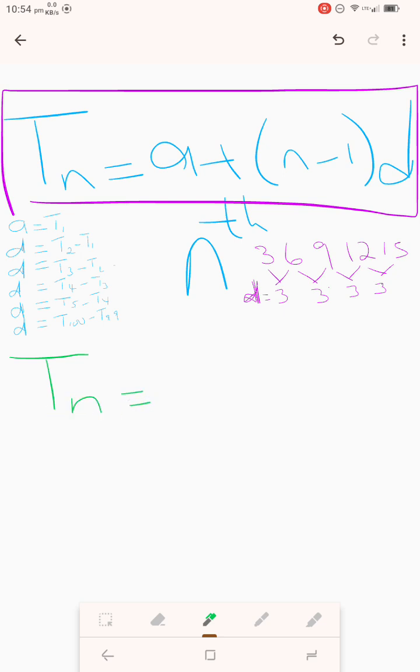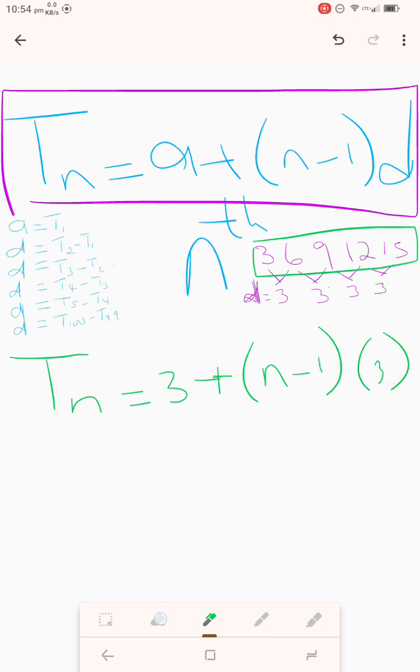So let's look for term number 1 in our numbers here. Term number 1 is 3, plus (n minus 1), close brackets. What is our d? Our d is 3. This is our d, guys.